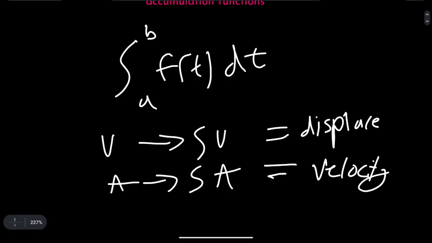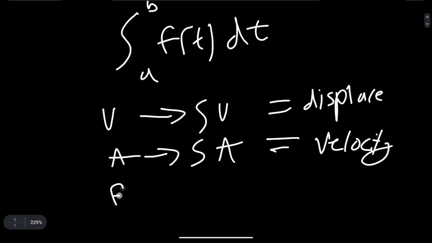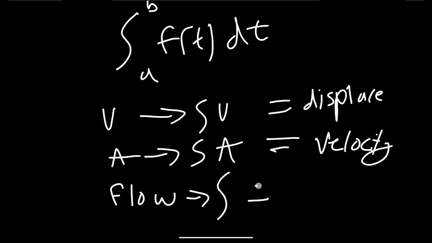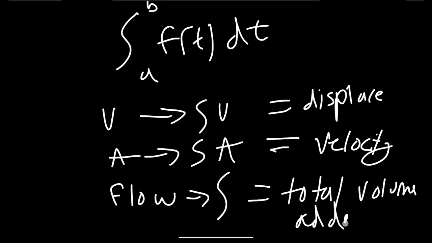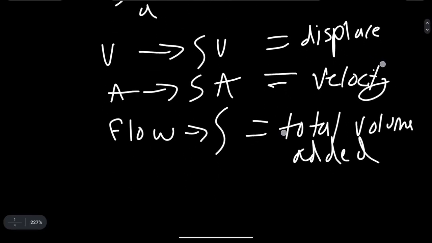If f of t is a flow rate, the integral equals total volume added. So if water's flowing into a pot, it's going to be the total amount of water that was added to the pot.